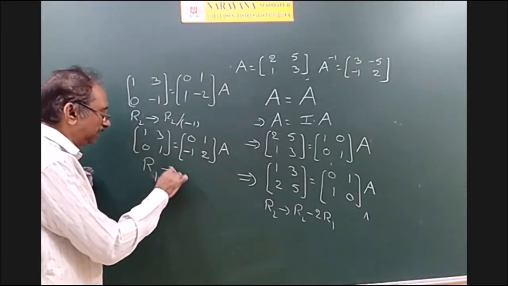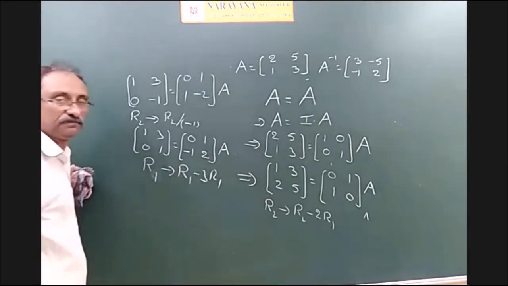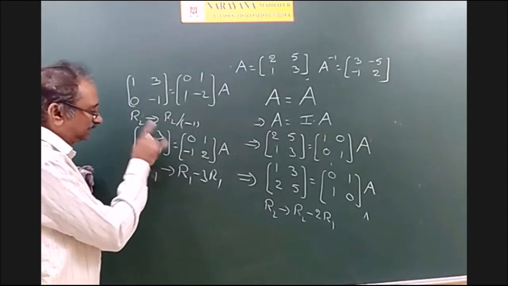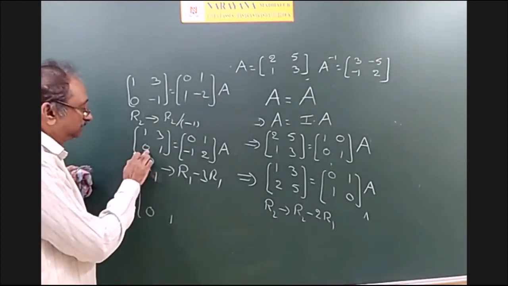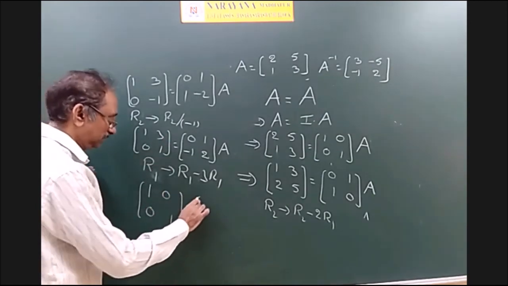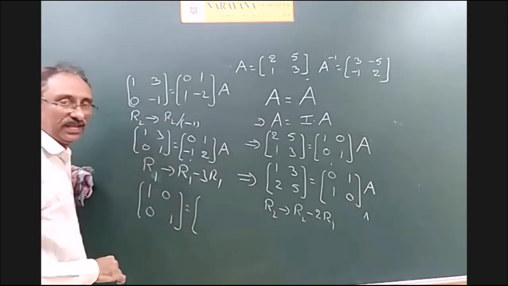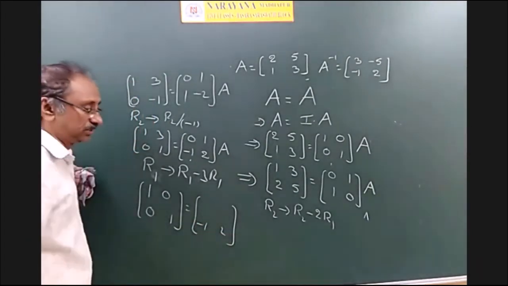So R1 implies R1 minus 3R2. Minus 3 plus 3, 0. And therefore the second row won't change. Minus 3 into 0 plus 1; minus 3 plus 3, 0. Don't forget to apply the operation here also. The second row does not change.